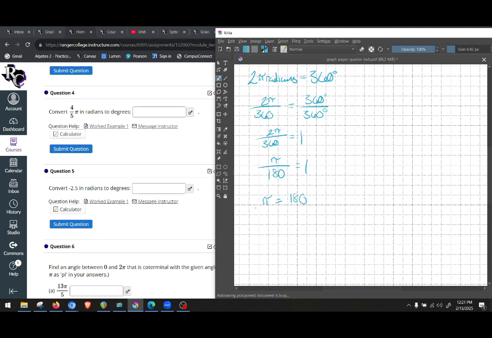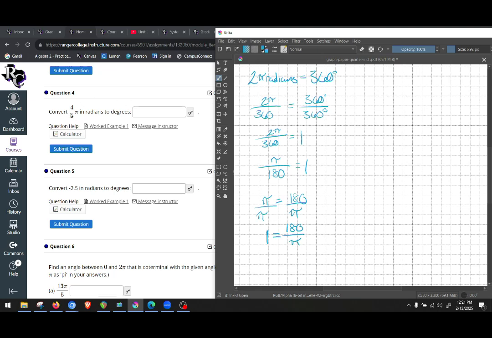Then if we divide out the pi, we have 1 radian equals 180 over pi. So up here, 1 degree is pi over 180, and 1 radian is 180 degrees over pi.